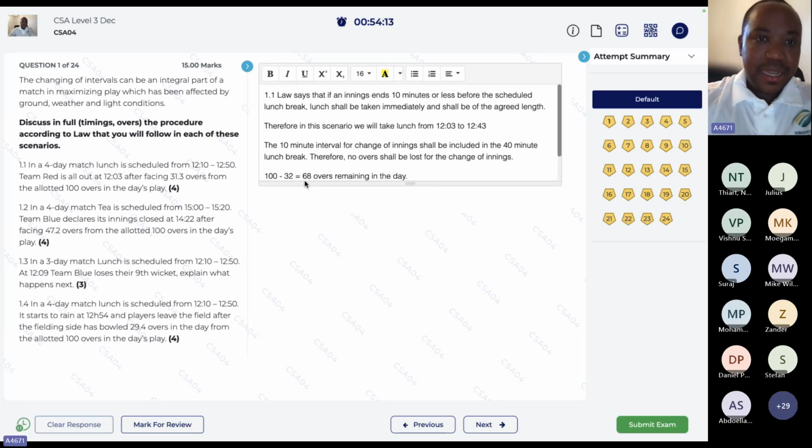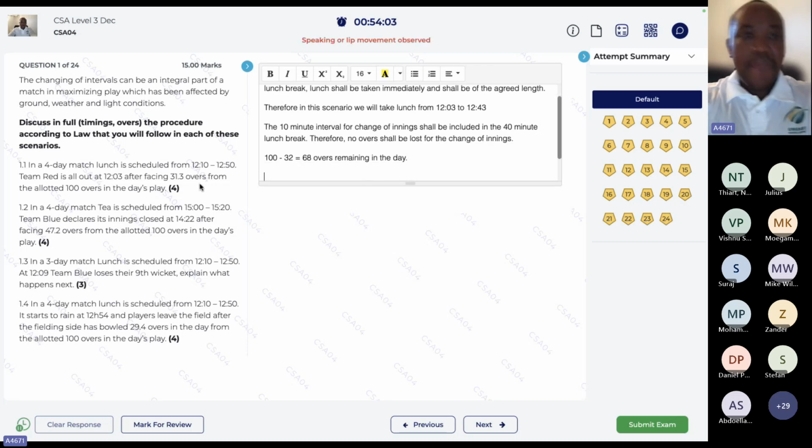And that, ladies and gentlemen, is how you would get 4 marks for this particular question, question 1.1. So we've answered 1.1 because questions 1.1, 1.2, 1.3, 1.4 are all on the same page. We will answer them all in the same text box.